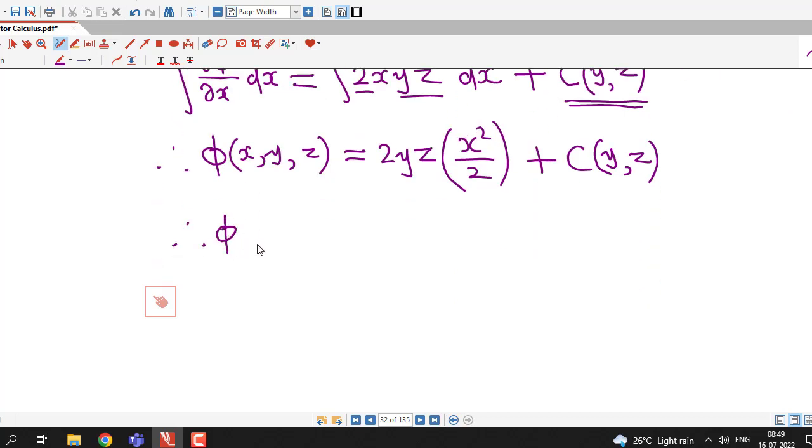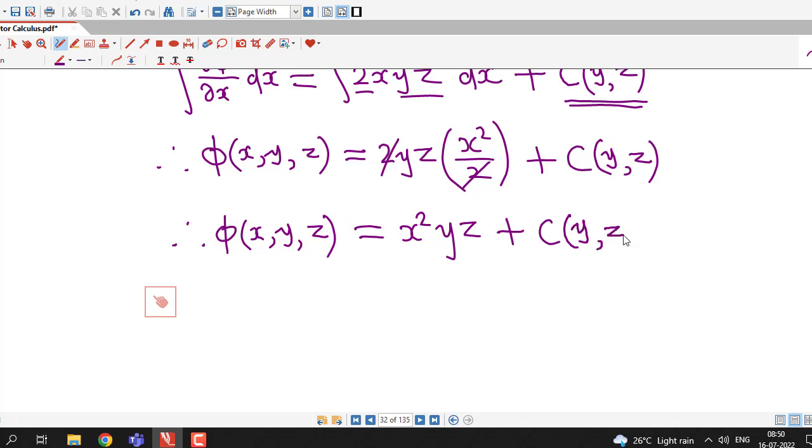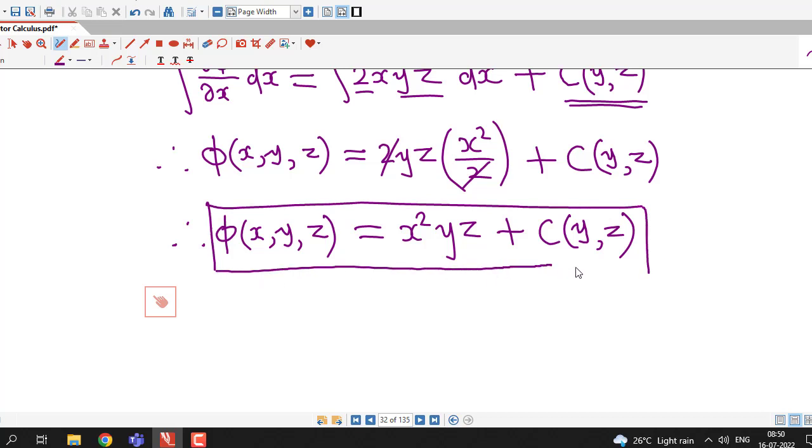Therefore phi of x, y, z is equal to, here we can cancel out 2, and we have x² yz plus c of y, z. So this is not complete information about the required scalar function phi, because we don't know what this constant function of y and z is.